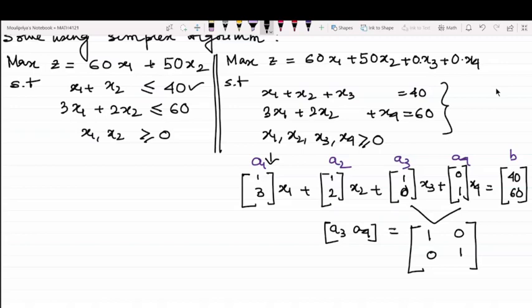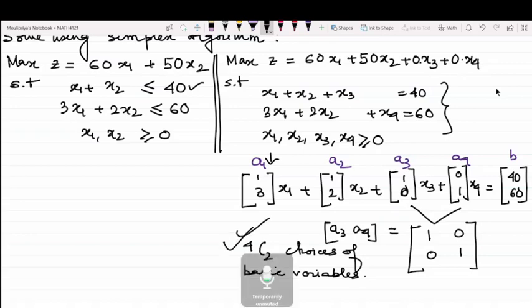There can be 4C2 choices of basic variables. Correct? Are we okay with this, that there are 4C2 choices of basic variables?